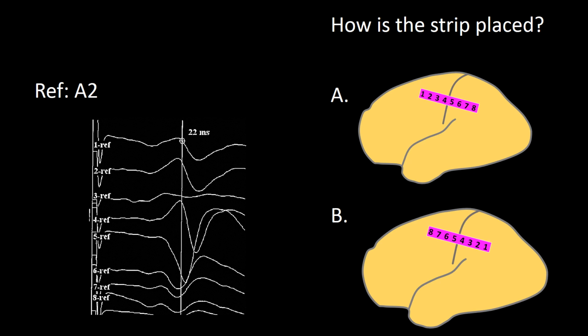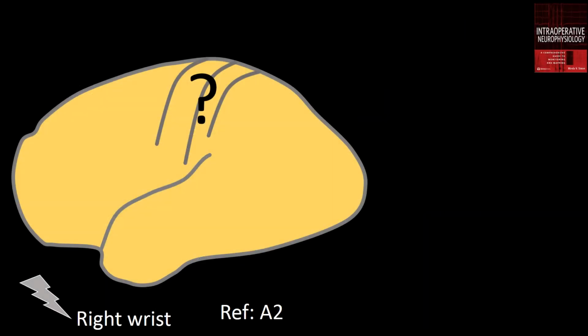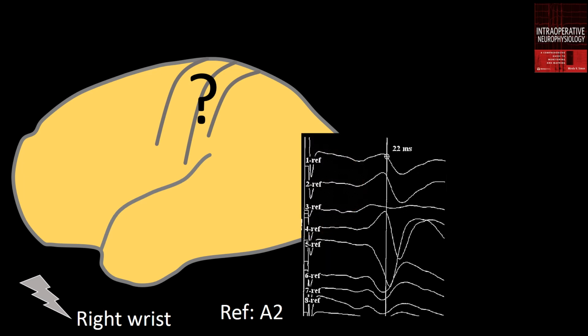Next question. Look at this montage and choose how was the strip placed. If you look at a brain and you see three sulci that you can potentially consider to be the central sulcus, and then you look at the accompanying tracing and you see an inverse phase reversal, you have found the central sulcus between the phase reversing electrodes, in this case between the fourth and the fifth derivations. But there is a problem.